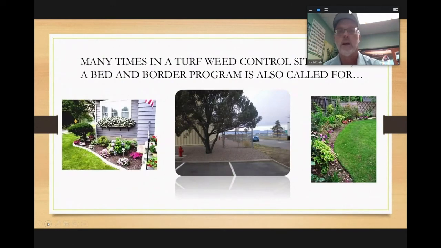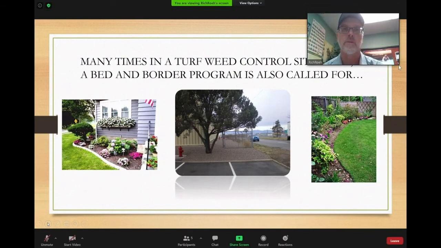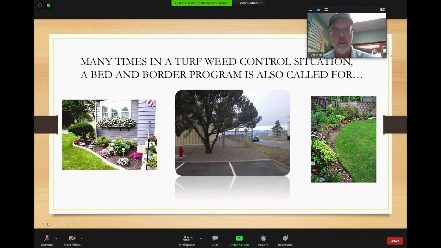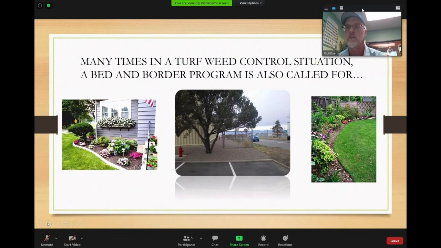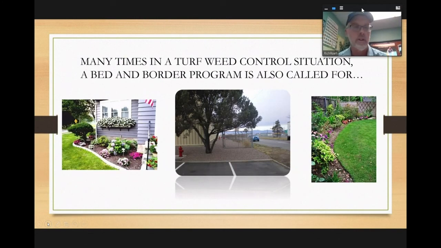Many times, a turf weed control program calls for a bed and border program, and this can have some different labeling nuances. Now, a bed and border, the two pictures on the left are very nice ornamental, certainly something you would see in a residential application. The one in the middle is somewhat borderline, and I'm on the fence.